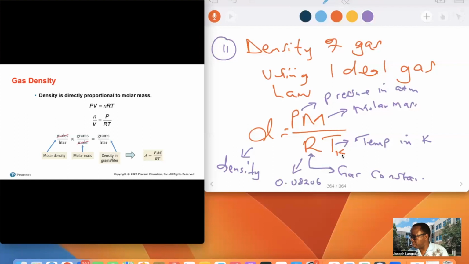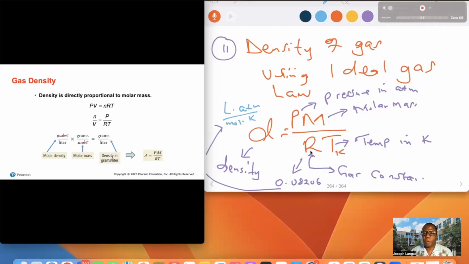Remember the units, all right? The units here are liters times atmospheres over mole times Kelvin. That's why the temperature here has to be in Kelvin.